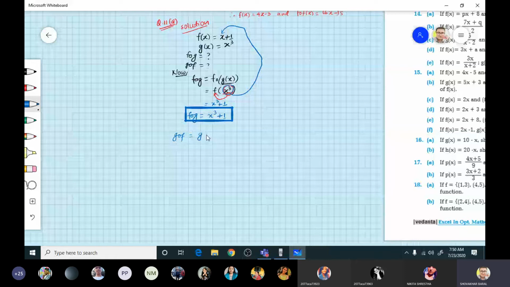Okay, I request Sunam, give me this. Sunam, have you solved it? What is your value of G composite f? Sunam, are you listening me? G composite f. Sir, I am doing. Okay, just do it. G composite fx.